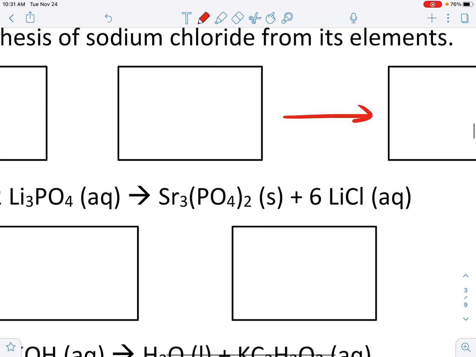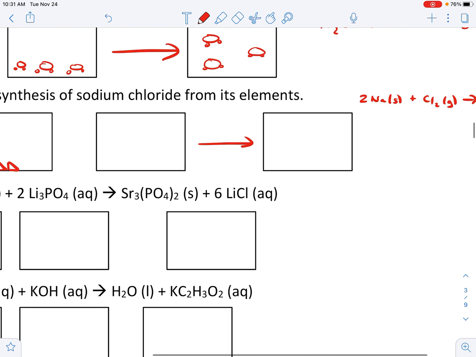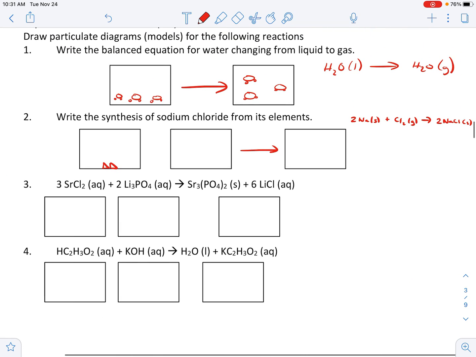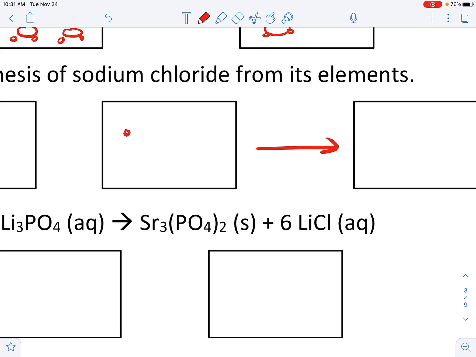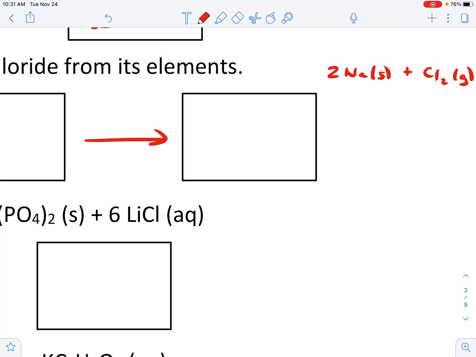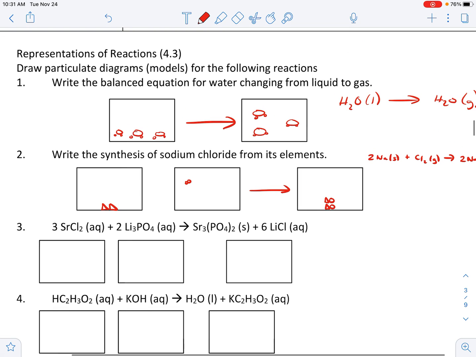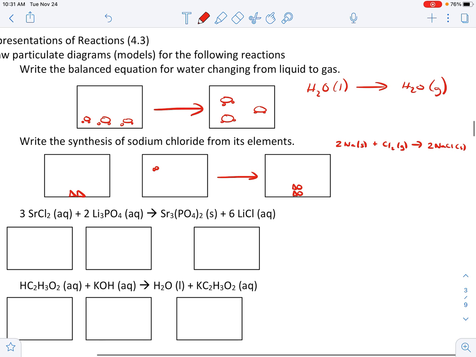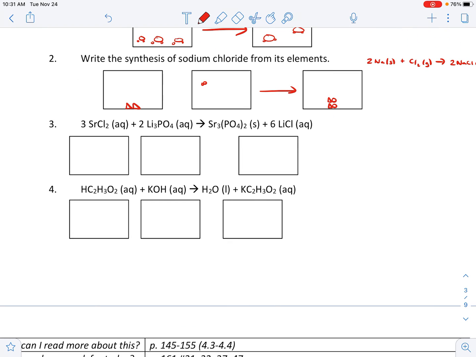Then we have Cl2 gas, so we have to draw Cl2 gas somehow. There's only one of those, so I just draw it much like that. And now we need NaCl, which is a solid, so we're going to have a triangle, circle, and that's our particulate diagram for that reaction. Okay? Awesome. So now let's move on to this next one.